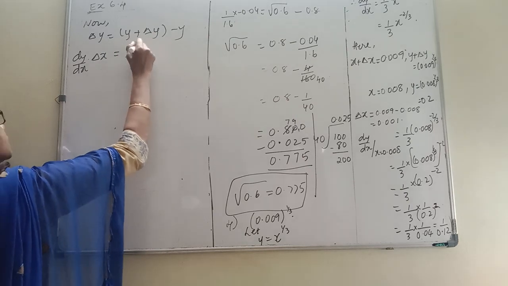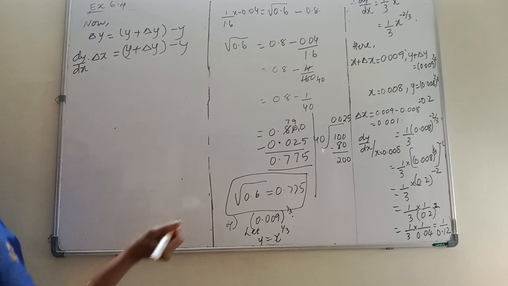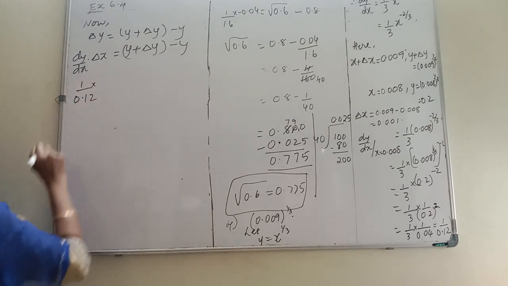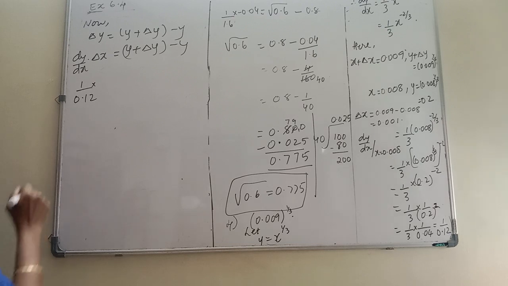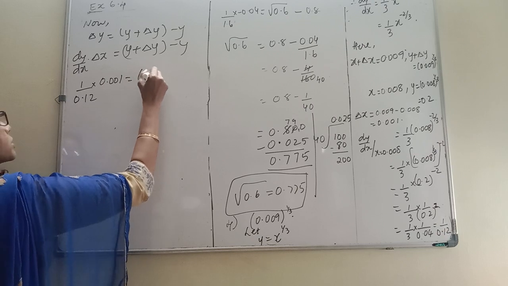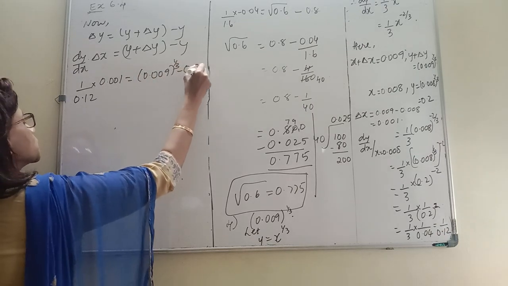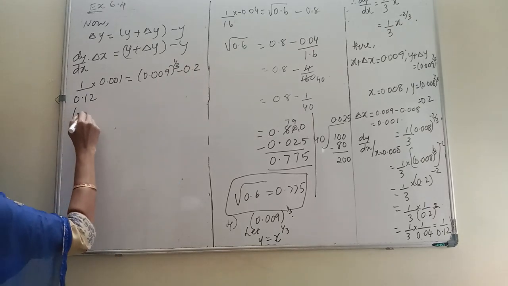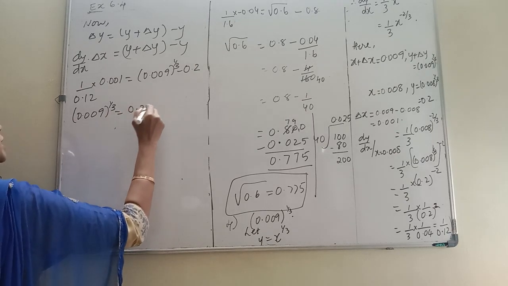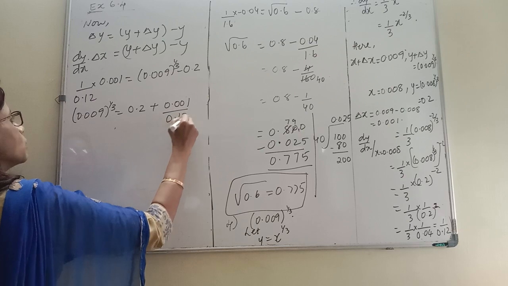So we can make the substitution. dy by dx, we just found now that it is 1 by 0.12. And delta x, we had got it as 0.001. Y plus delta y is of course our question, 0.009 raised to 1 by 3, and this was 0.2. So in order to get the answer, 0.009 raised to 1 by 3, we'll first take the 0.2 on the other side. And here you have 0.001 by 0.12.